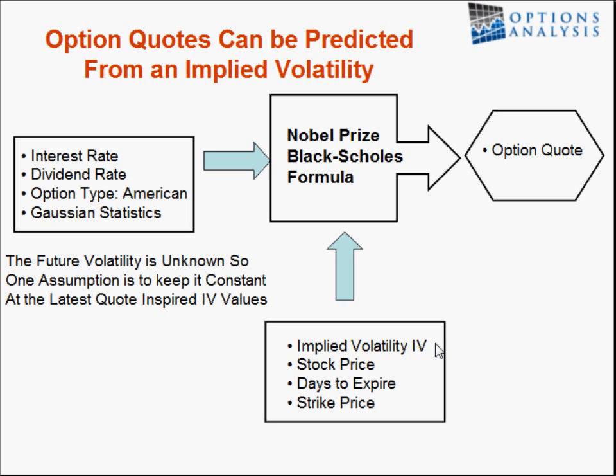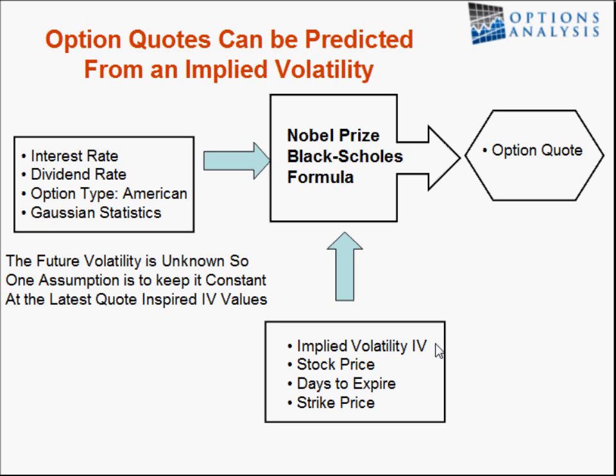So it's an option quote prediction model. It will tell you option quotes for situations that have not happened yet. As long as you think that this will be the volatility everybody is thinking will be in the future, we can predict option quotes. We can decide what will be profit and losses in the future.